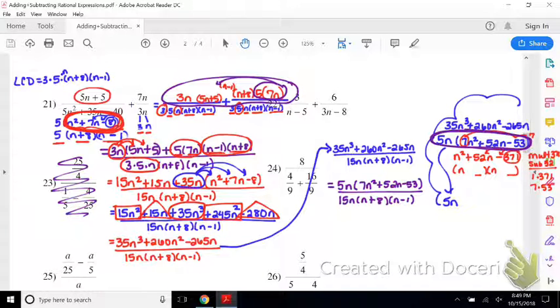And since I can't do anything else to my numerator, I can't do anything to the denominator, we have to see is there anything we can do to them together. And so I look and I have these numbers and variables out in front that don't have a plus or minus sign, so I need to check them.